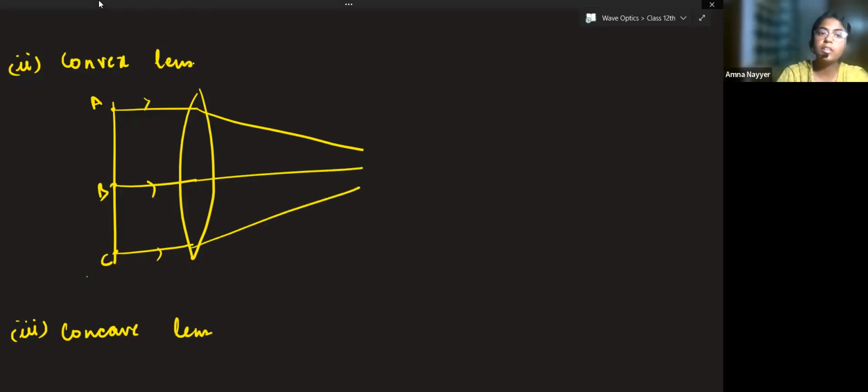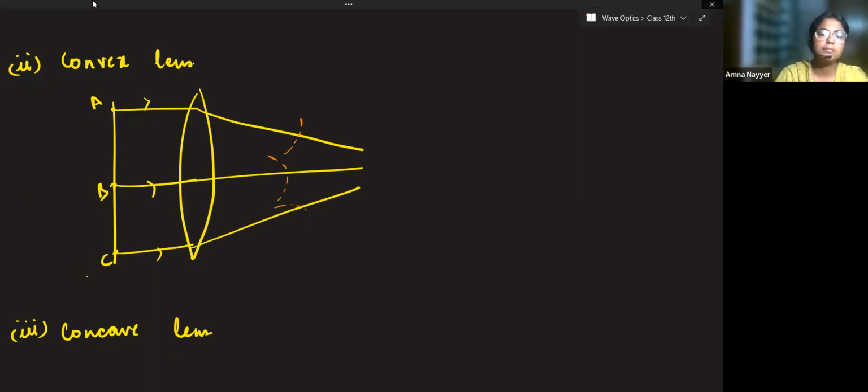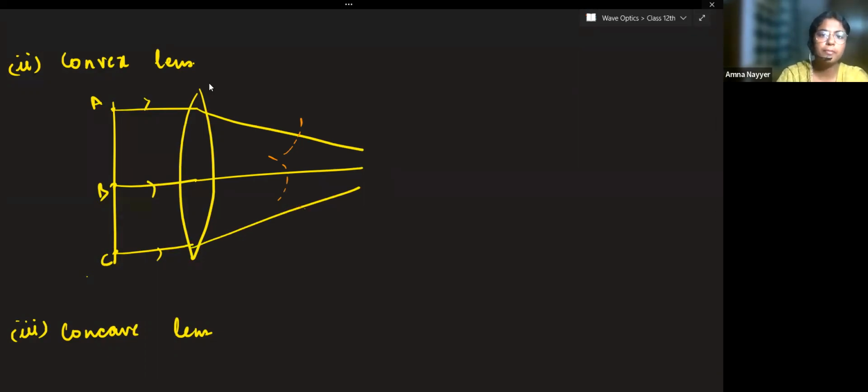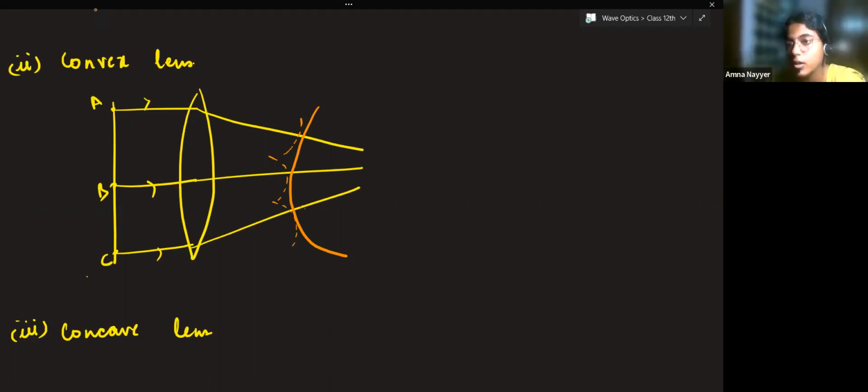Now where will we obtain the secondary wavefronts? This was to appear here, but now because of refraction, it will occur here. This will occur here, and this will occur here. Now if you join this, you get this shape. So this is what is obtained by a convex lens.